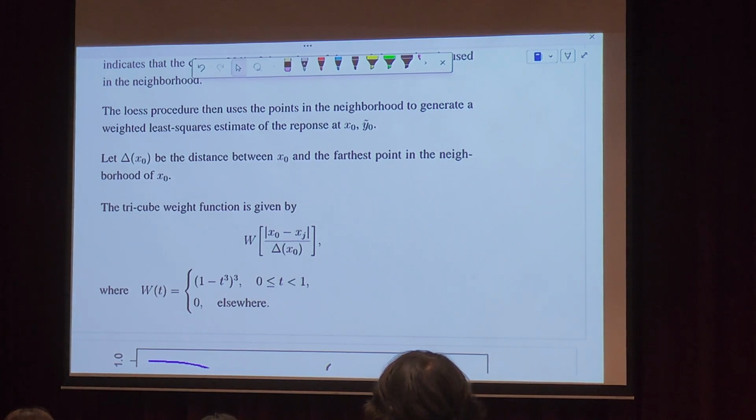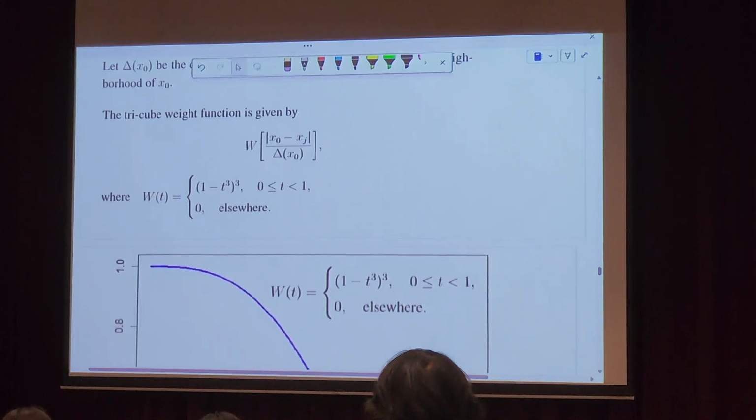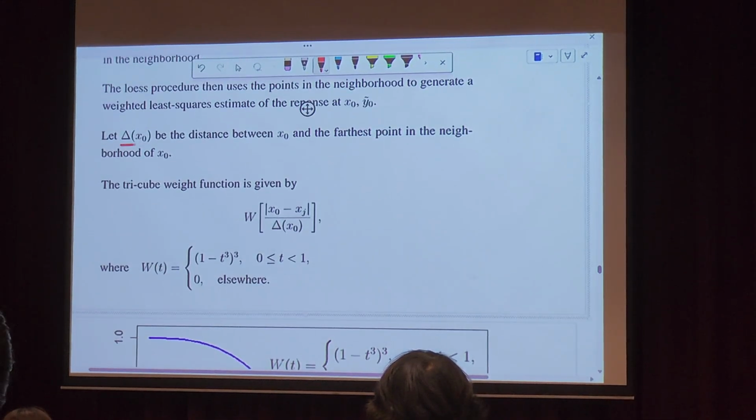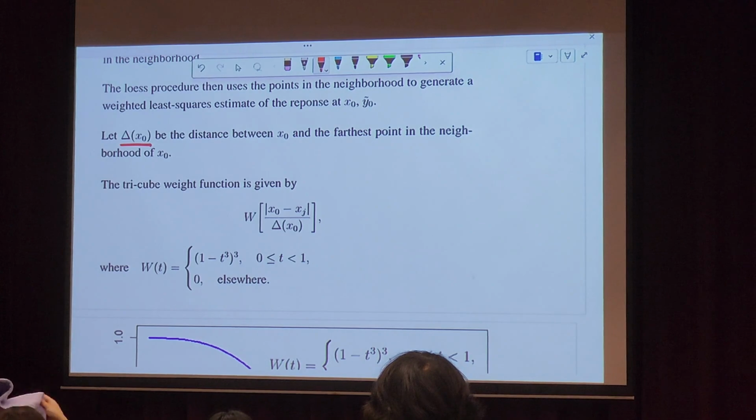Now, what that means is delta x naught is the distance between x naught and the furthest point in the neighborhood of x naught, of all those 20%. So you will look at all the points among the 20%. Delta x naught is the distance between x naught and the furthest point in the neighborhood.